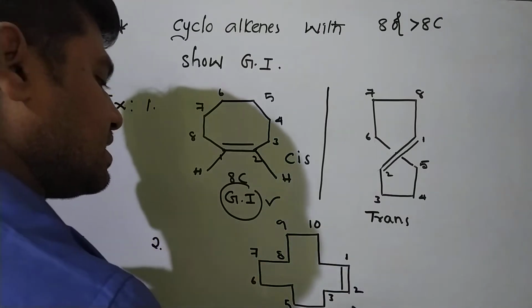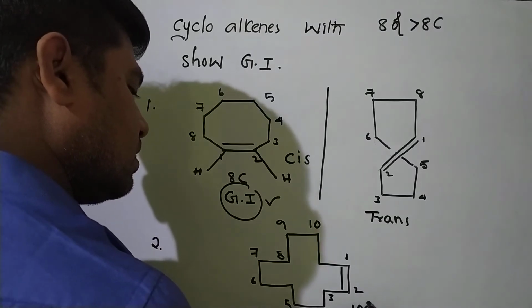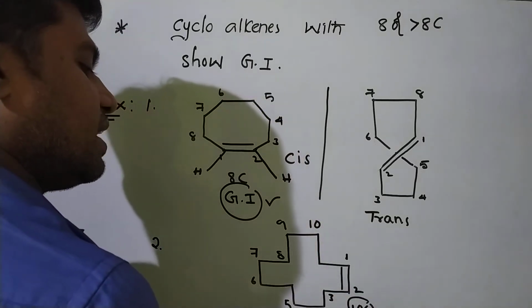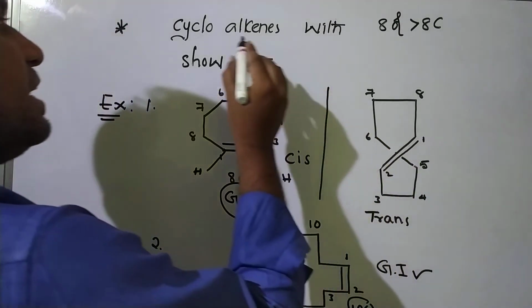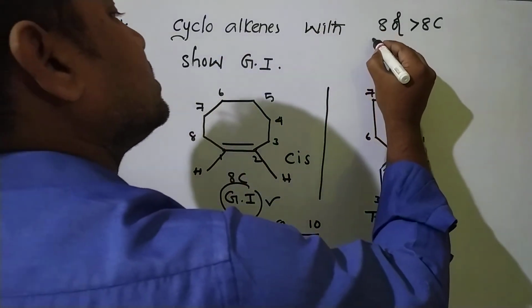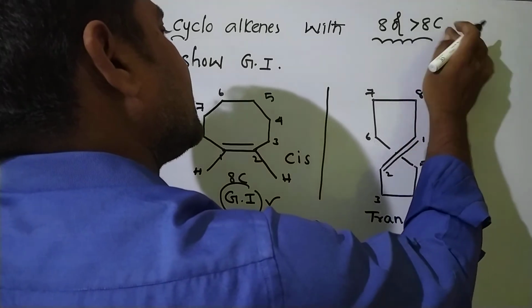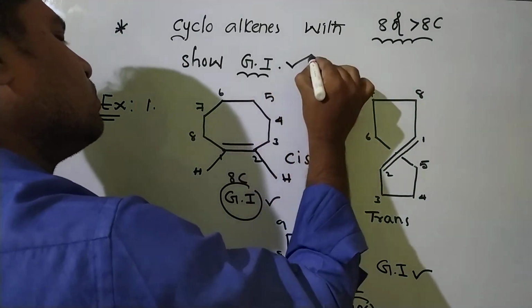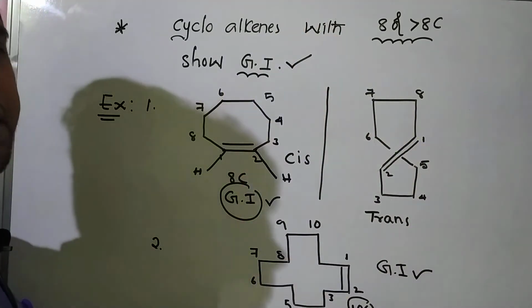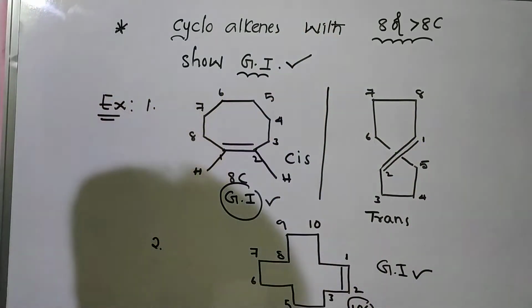Here it has 10 carbon atoms. So this will also exhibit geometrical isomerism. Very simple trick: the cycloalkenes with 8 carbons or greater than 8 carbons definitely would give geometrical isomerism, no doubt. Okay, simple trick. So please note.